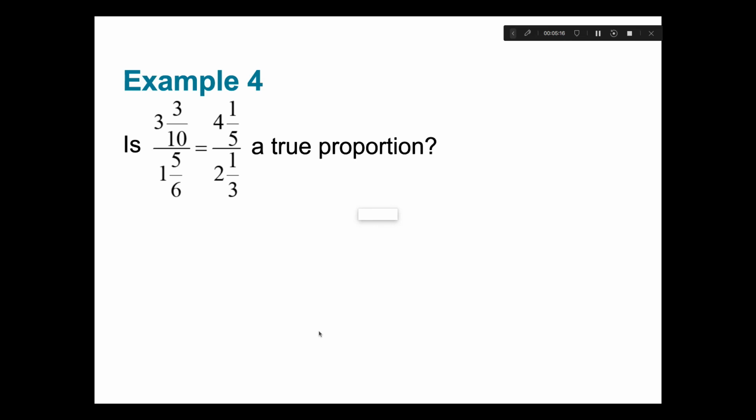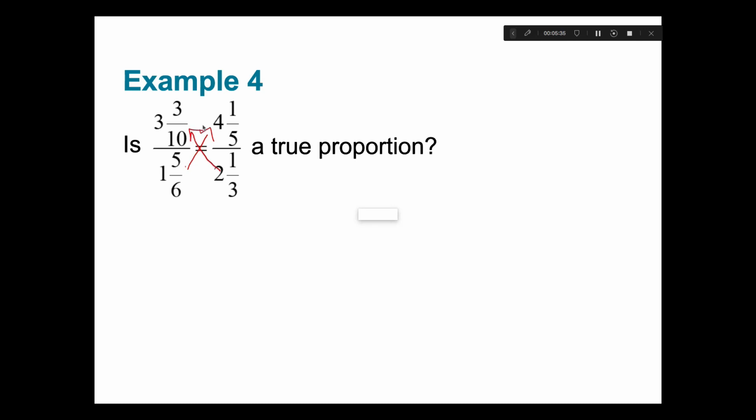Okay, so of course it can't just be that easy, right? We have to add in some mixed numbers. Can't just have whole numbers. So we're still doing the same thing to figure out if these are equal. We're going to take 1 and 5/6 times 4 and 1/5, and 2 and 1/3 times 3 and 3/10.